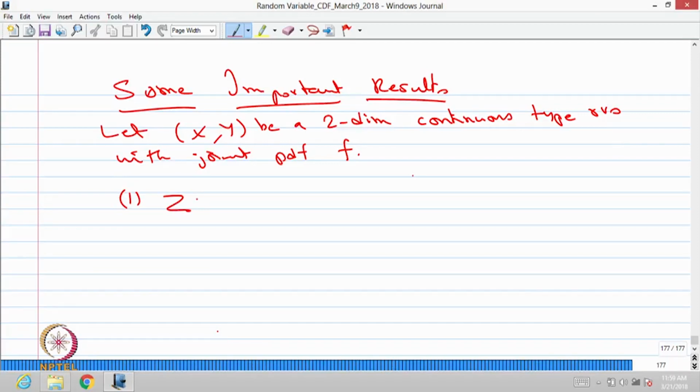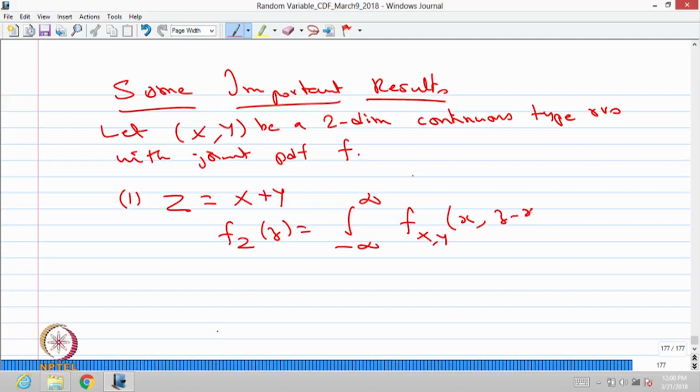suppose I make a random variable z as x plus y, we can find the distribution of z directly. That is, the probability density function of z is going to be integration from minus infinity to infinity, the joint probability density function of x comma y by replacing x by x, whereas y by z minus x.